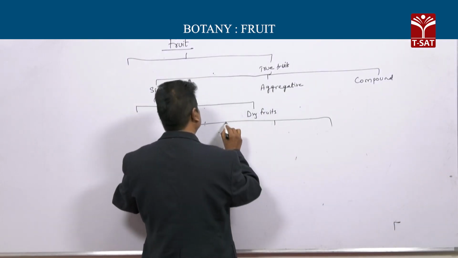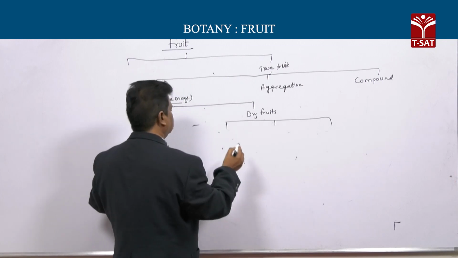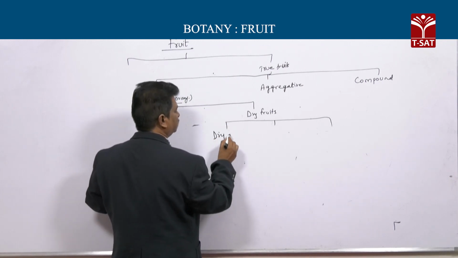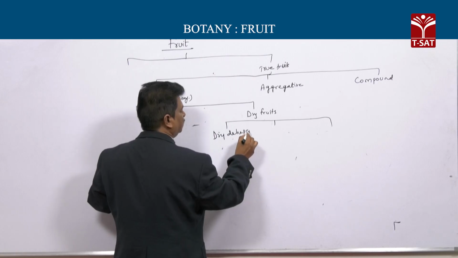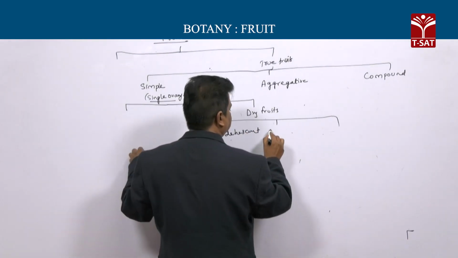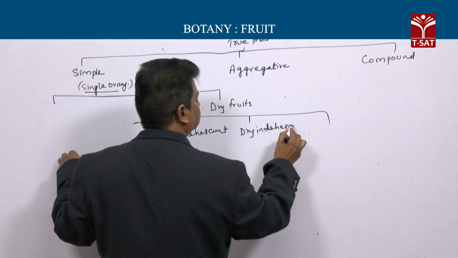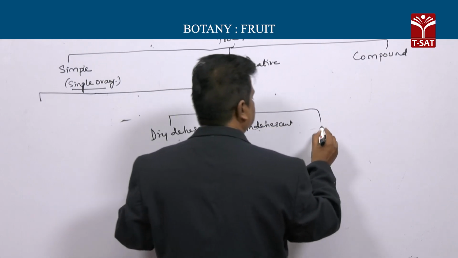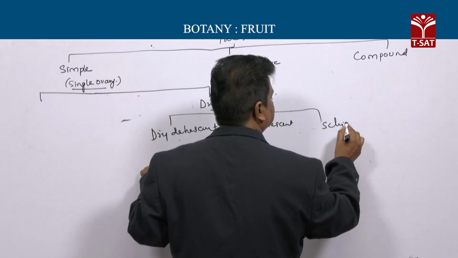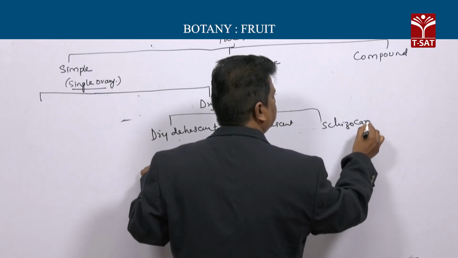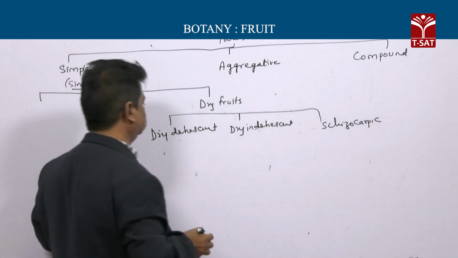And second one, dry indehiscent. So, one is dry dehiscent, second one is dry indehiscent, and the third one is schizocarpic fruits.